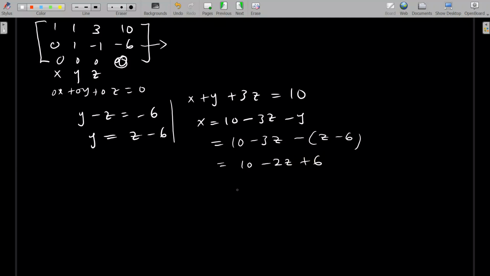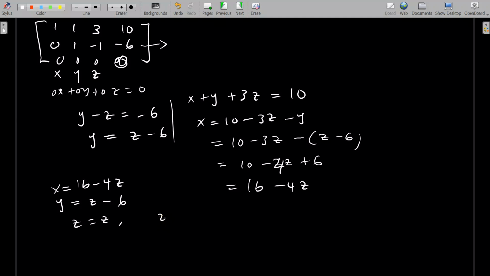So that's going to be 10 plus 6 is 16. So I'm going to have 16 minus 4z. So here, I know that x is equal to 16 minus 4z, y is equal to z minus 6, and z is equal to z, right?